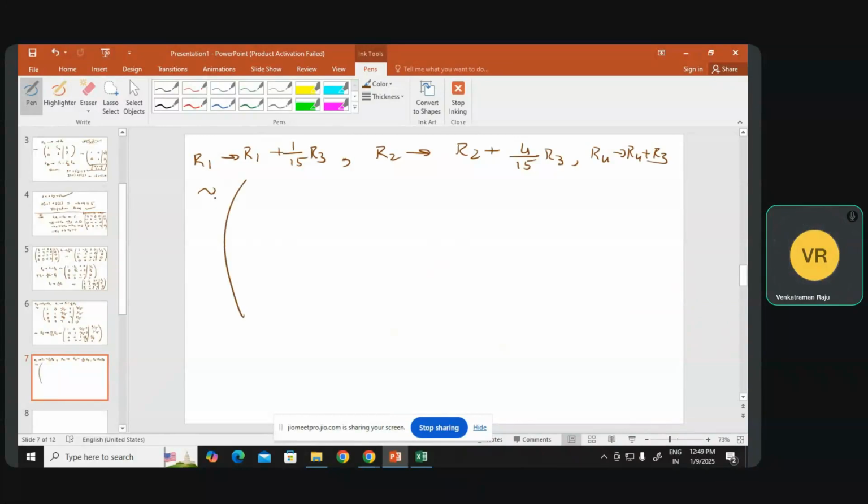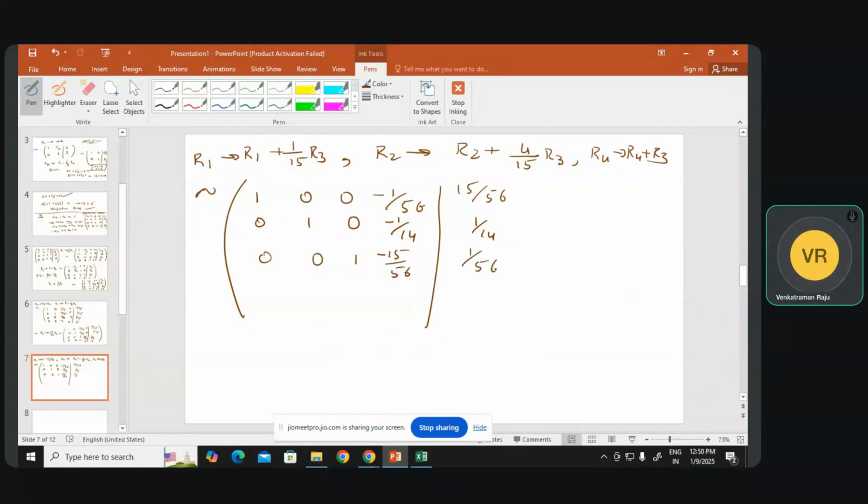So if I do that, whatever I get is the new equivalent matrix, namely 1, 0, 0 minus 1 by 56, 15 by 56, 0, 1, 0 minus 1 by 14, 1 by 14, 0, 0, 1 minus 15 by 56, 1 by 56, 0, 0, 0, 209 by 56.